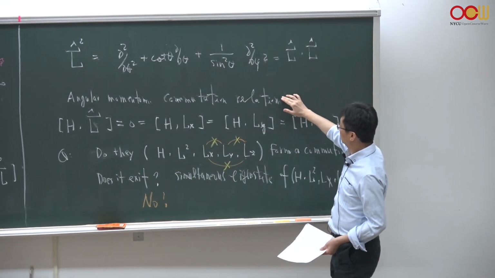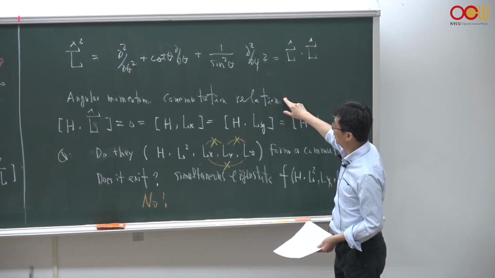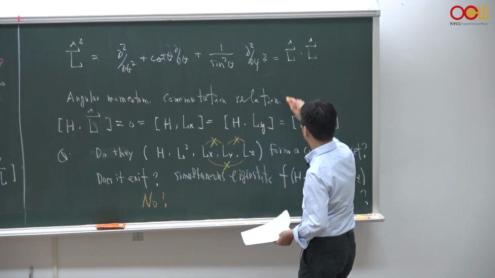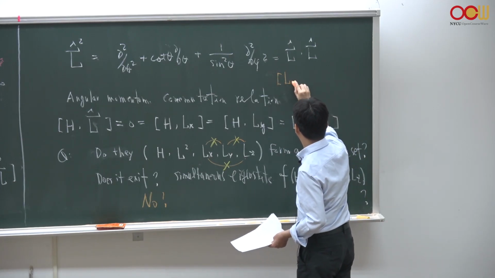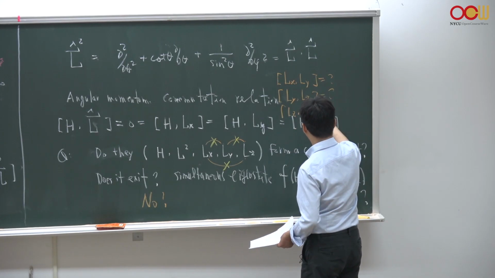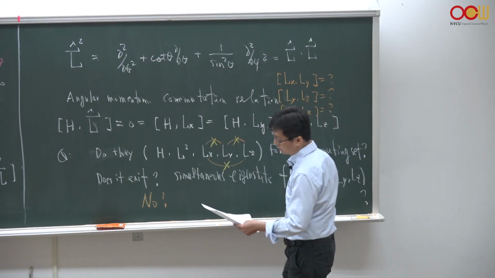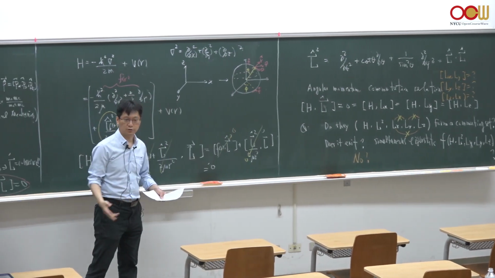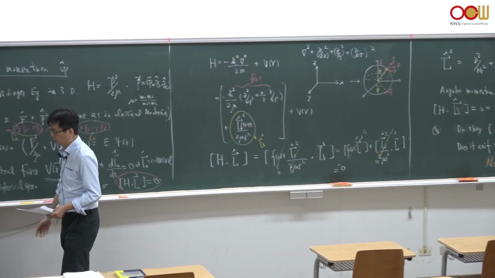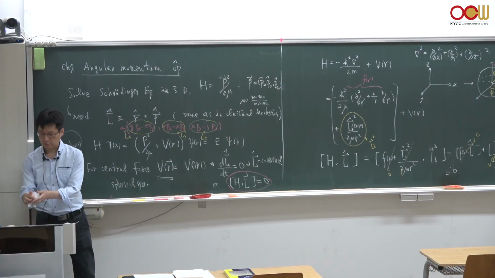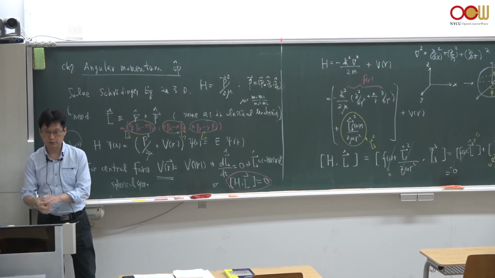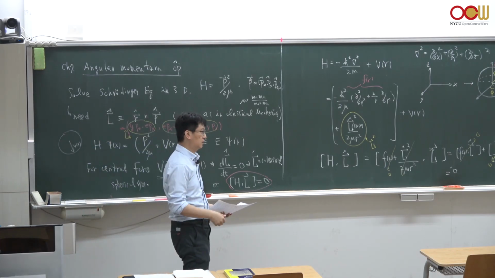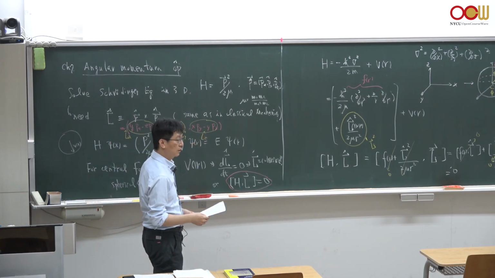Therefore, it is very important that we check the commutation relations between any 2 of these angular momentum operators. And there's another reason why we need to study first the commutation relations of all these different components of angular momentum: these commutation relations are the key to actually constructing the eigenstates and eigenfunctions of those operators.